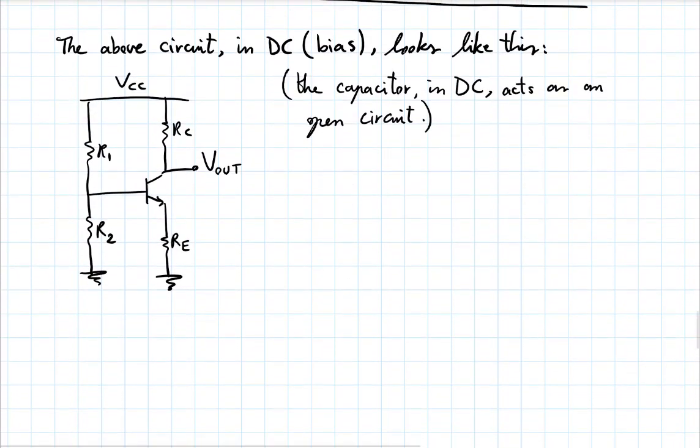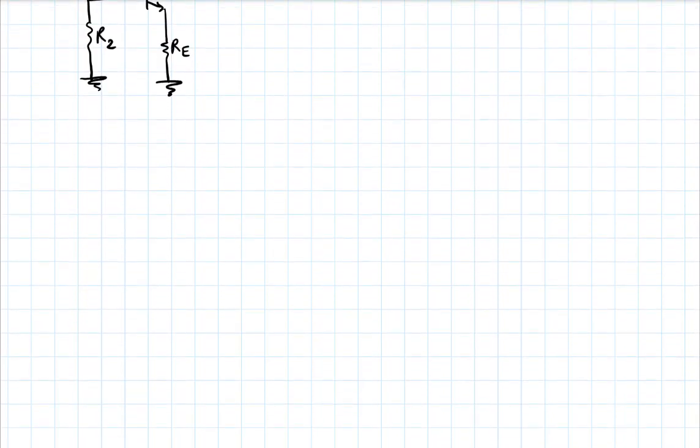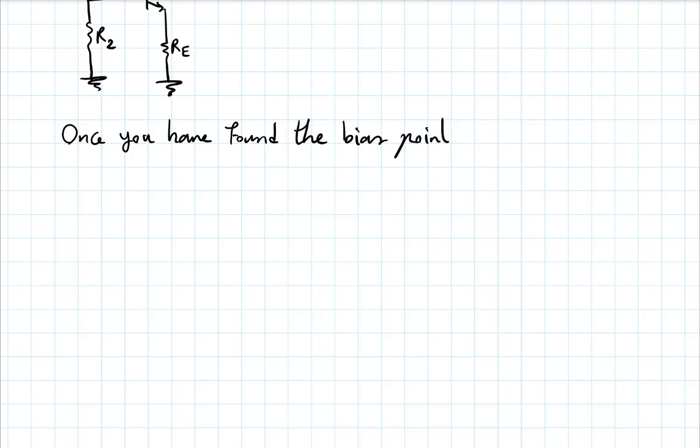In AC now, once you have found the bias point, you want to look at the small signal AC behavior.